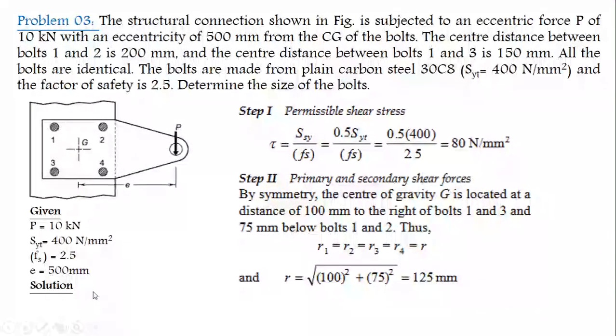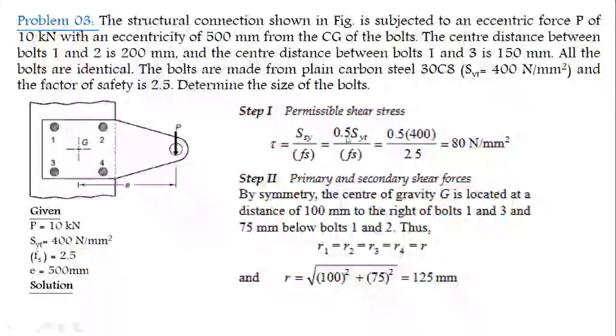Solution. Step 1: find the permissible shear stress. The formula is tau equal to shear strength divided by factor of safety. Here we don't know the shear strength value, but shear strength equals 0.5 yield strength.